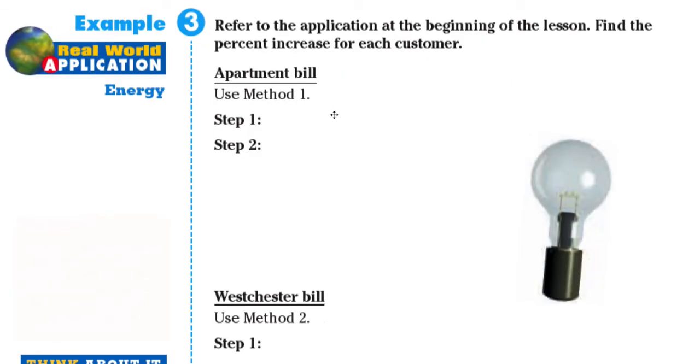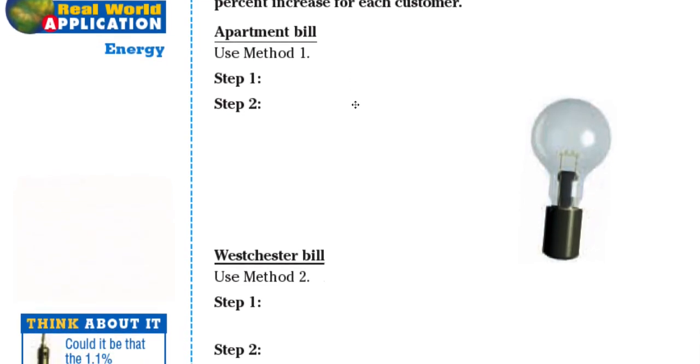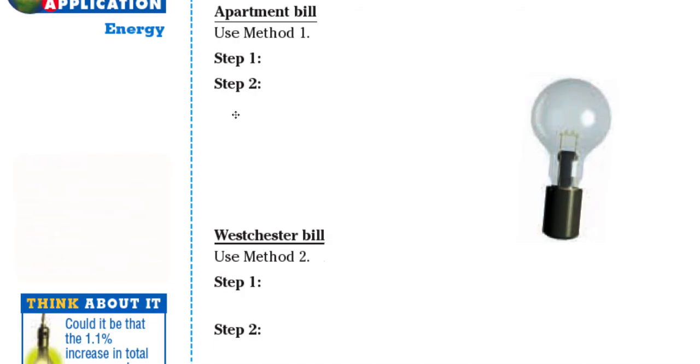Okay, so let's take a look at the beginning of the lesson, and let's see if the newspaper article was correct. So apartment bill using method 1: subtract 51.26 minus 50.52, and end up with 0.74. We estimate 1 over 50 is around 2%, so our answer should be close to 2%.